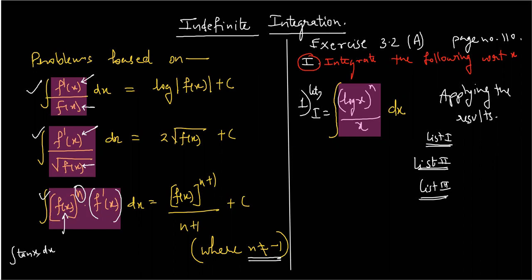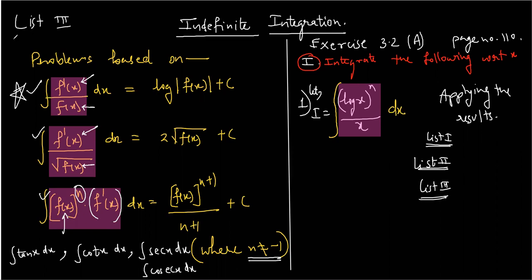I could do integration of tan x only after we had done this result. Integration of tan x, cot x, sec x, cosec x. So all these functions are my third list. We can call this list 3. So remember students, if you want to integrate a given function, it's all about the application of the results.